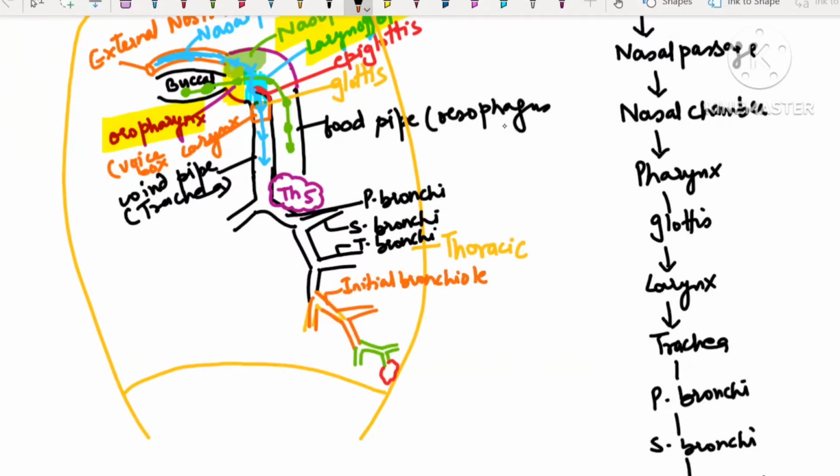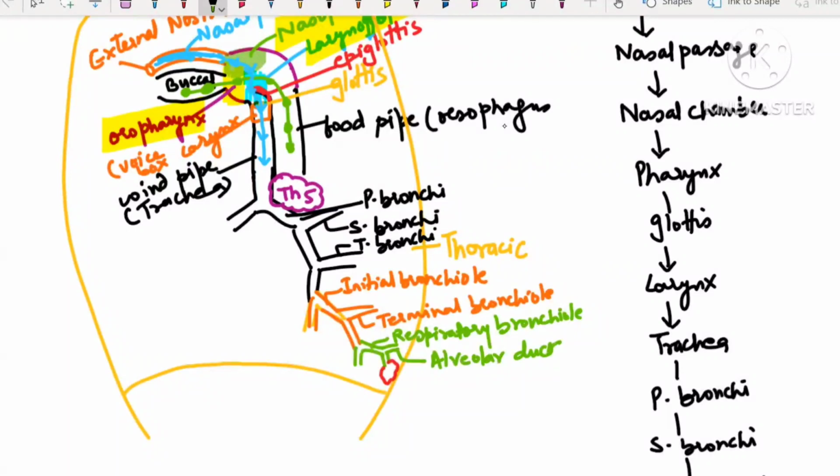This is your terminal bronchiole. And what is this green color? This is your respiratory bronchiole. And then this is your alveolar duct. And finally, this is your alveoli. This is the way the branching network is present.